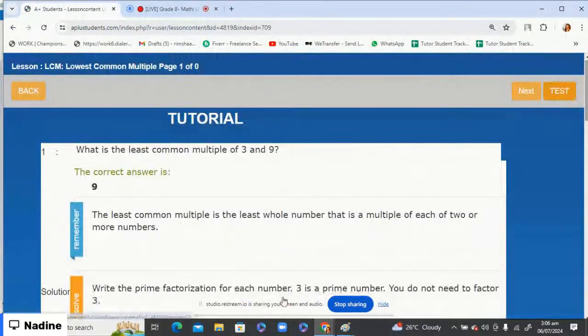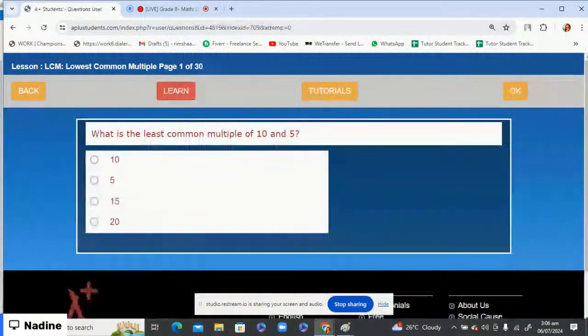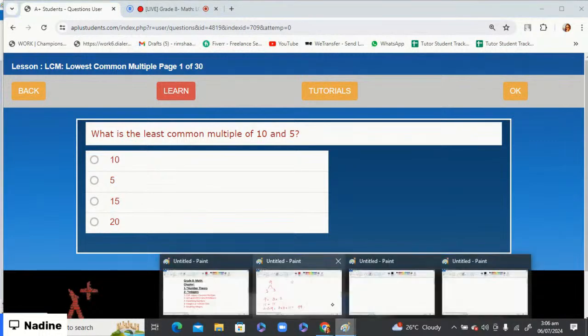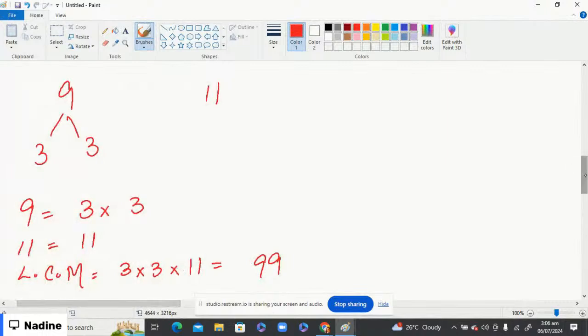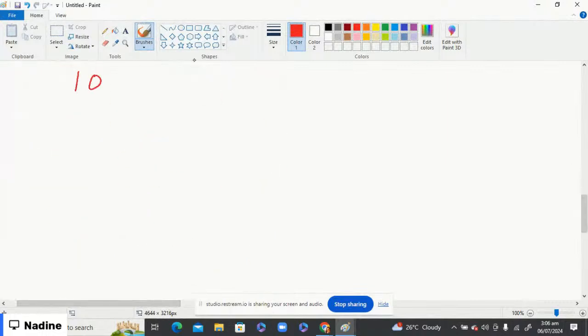Let's do some test questions. What is the least common multiple of 10 and 5? Let's check. Let's write 10 and 5. 5 is a prime number. For 10 it's 2 times 5 is 10, and 5 as it is.